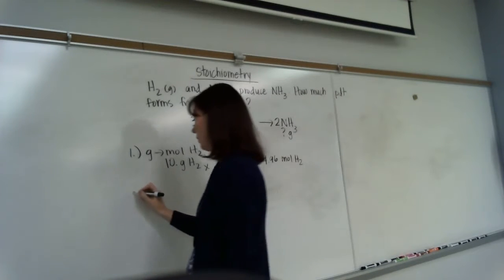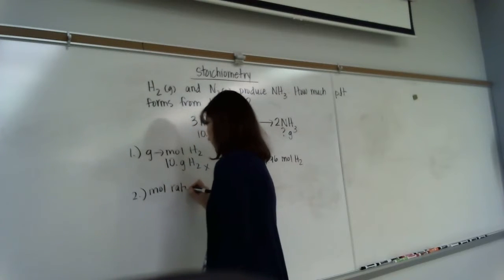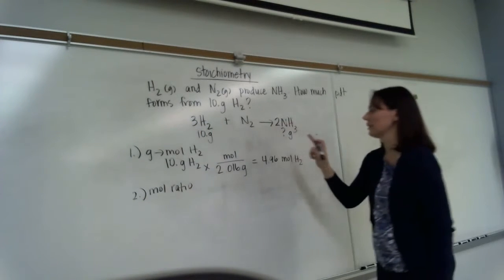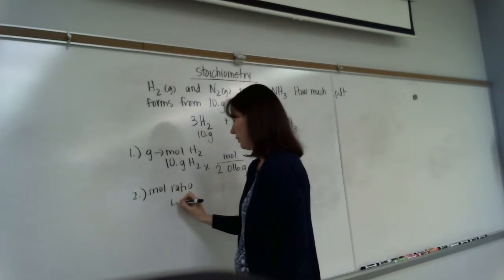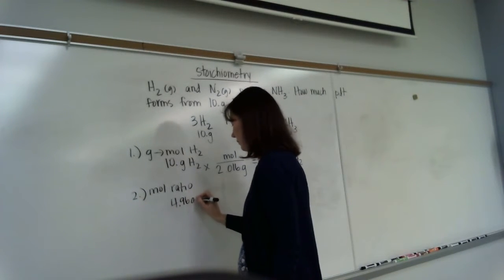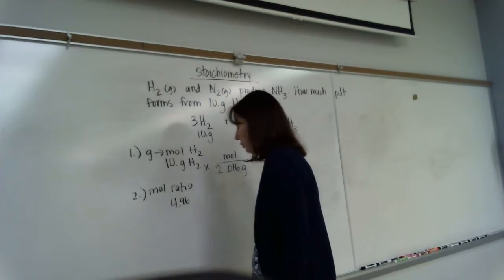Second step is we're going to multiply by the mole ratio. Mole ratio comes from the balanced chemical equation. So 4.96, not grams, 4.96 moles.